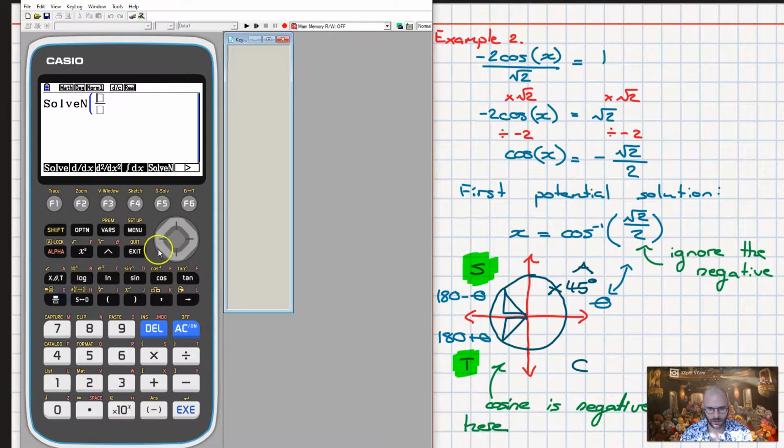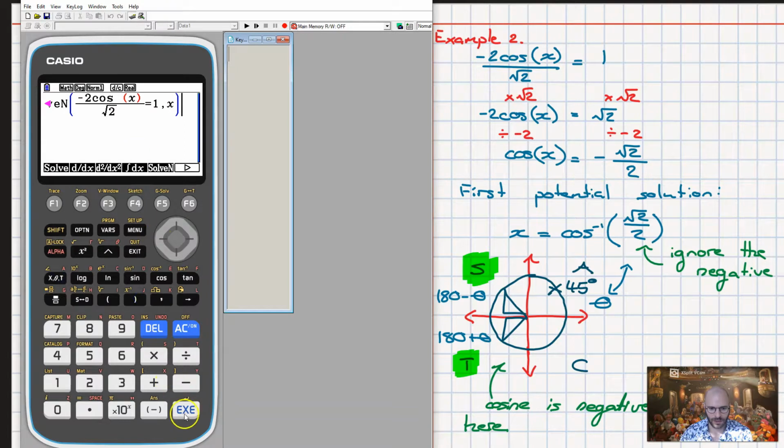So we're going to go minus 2 cosine of x. I'm going to include my brackets or else I'll get strange results from the calculator. Then I'm going to go shift square root of 2. That is all equal to 1. Putting in a comma and telling the calculator solve for x.